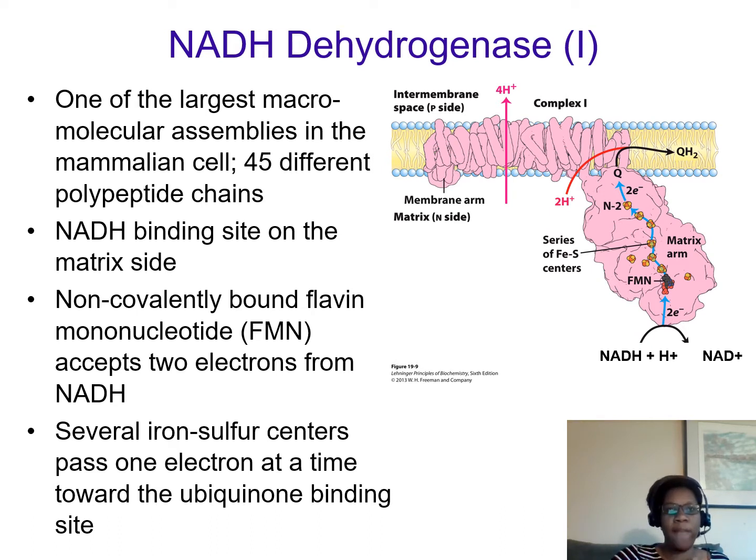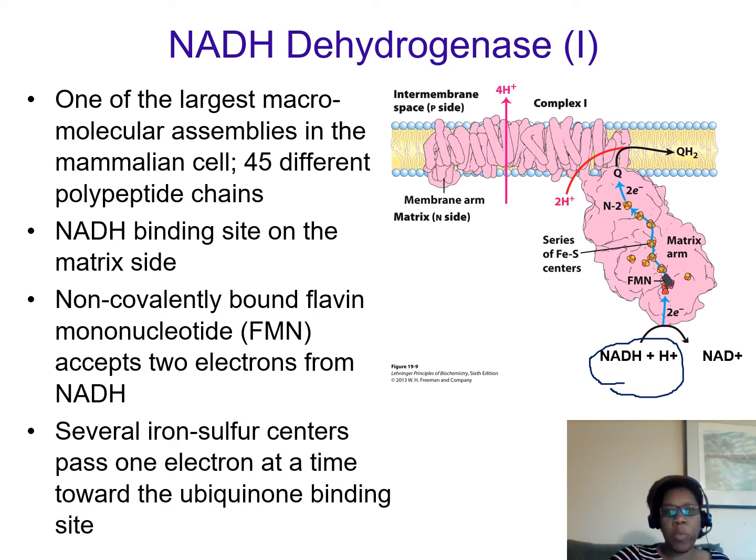We have electron carriers, NADH or FADH2, but right now we're going to talk about NADH. You carried electrons from glycolysis, from the citric acid cycle or beta oxidation or whatever, and now you're going to dump those electrons into these complexes which have other electron carriers.